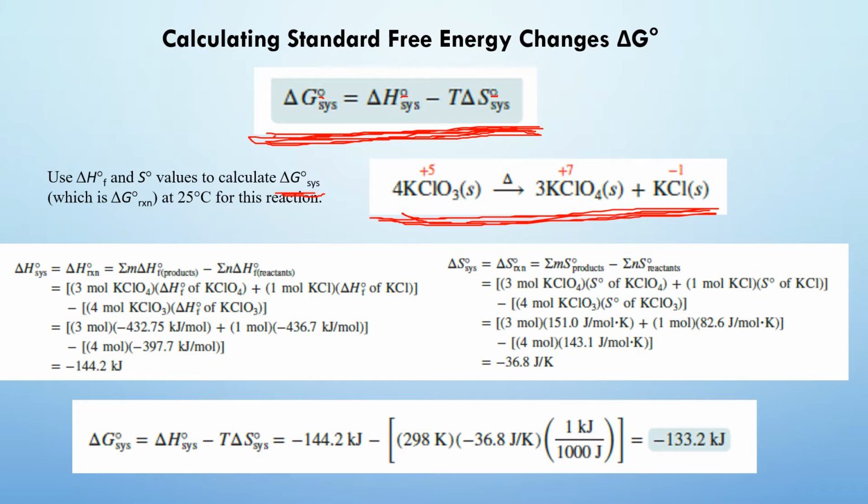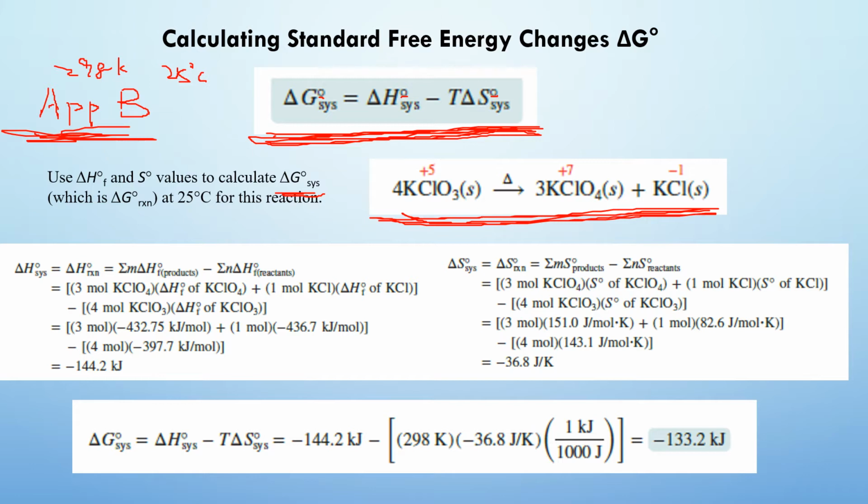These values can be found in appendix B. For the calculations involved in this chapter, this appendix B is going to be very useful, because it lists all those parameters at 298 Kelvin, which is 25 Celsius. So if the reaction happens at room temperature, we can just use the values provided in this table. That's the temperature of this example problem.